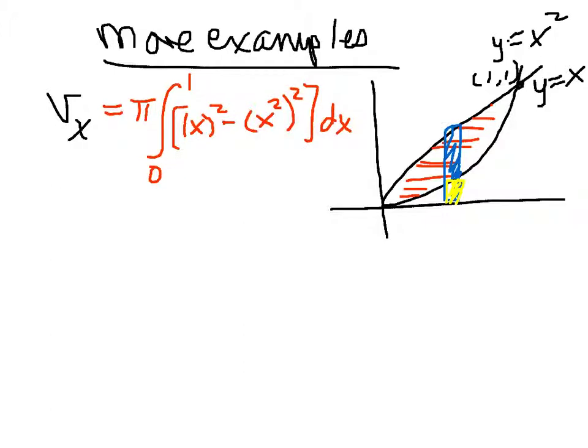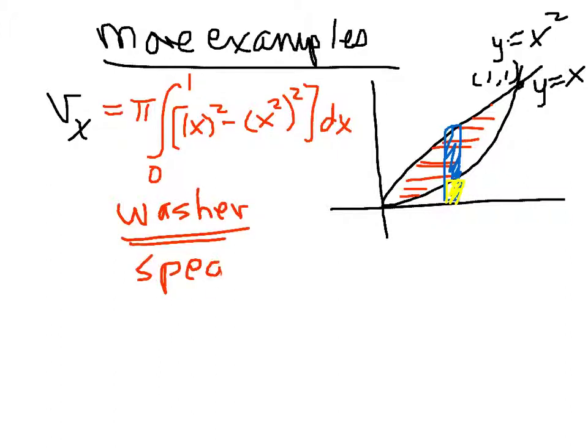And if you visualize what happens when we take just that much and go around the x-axis, which is really what we want, we're getting a figure that is called a washer. So the washer method is really just a special application of the disk method. It's really one disk, the blue disks, and then subtract the yellow disks. And that's what we get in a bounded region going around the x-axis.